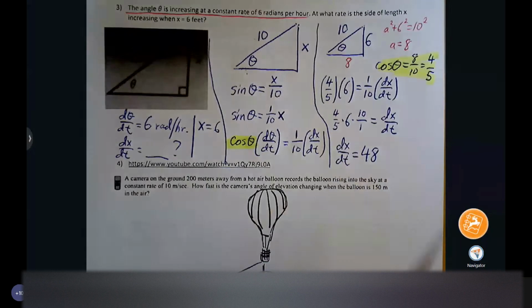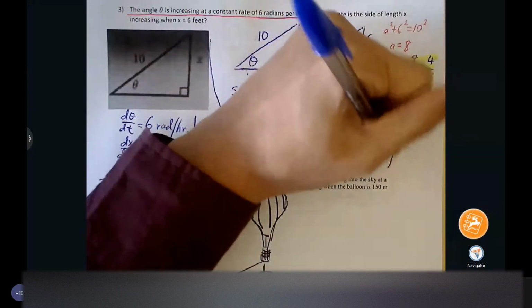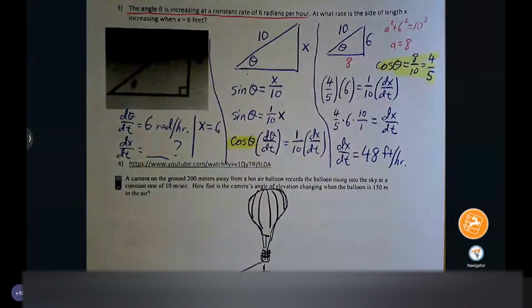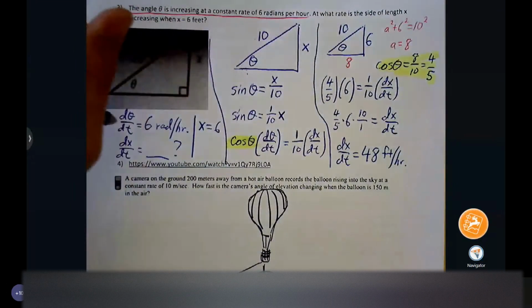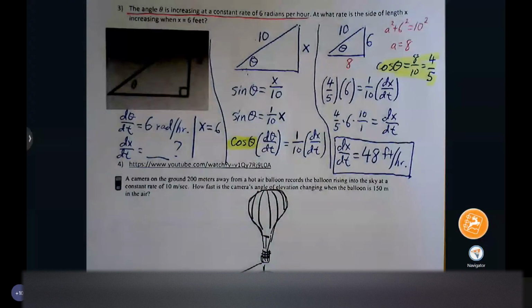Time is in terms of hour. We only do radians if we're dealing with angle, but here, we're finding a linearly related value. Any questions with the steps?